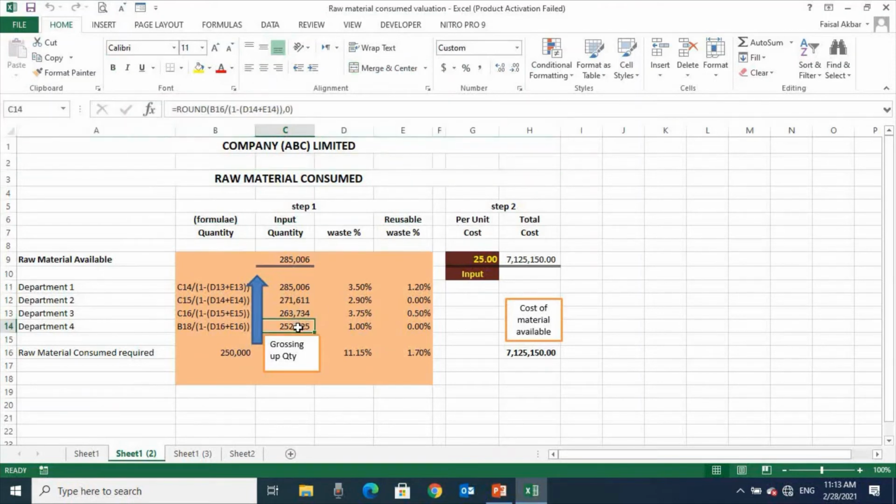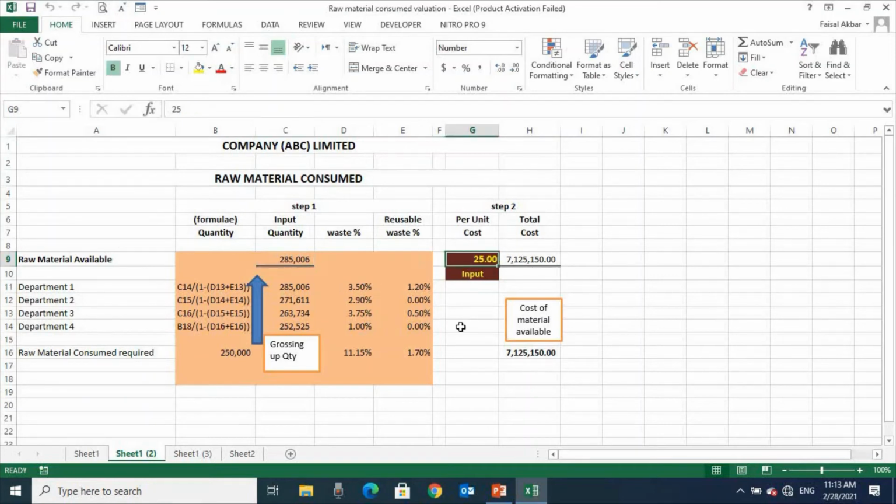We reach 252,525 kgs. That will be input of department 4. And similarly, we will move upward until we come to the conclusion that we will be requiring 285,006 kgs of input so that we can obtain 250,000 kgs of yarn.